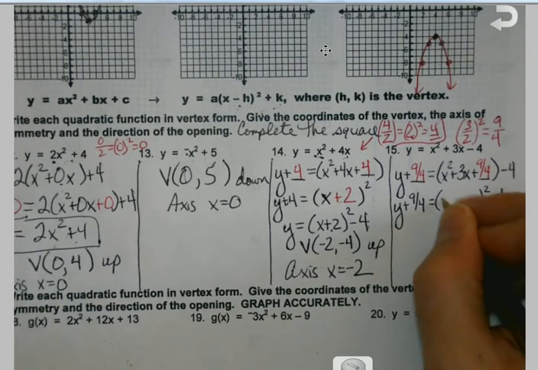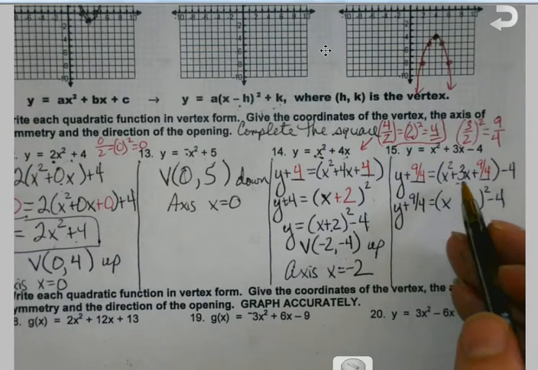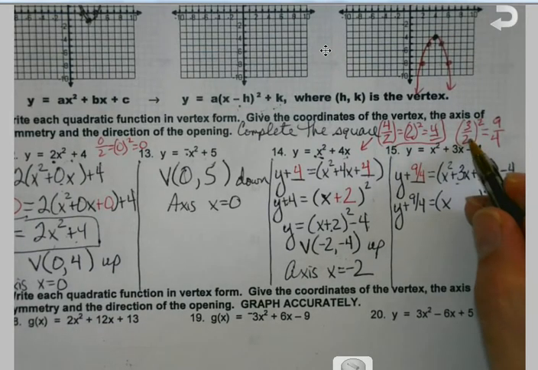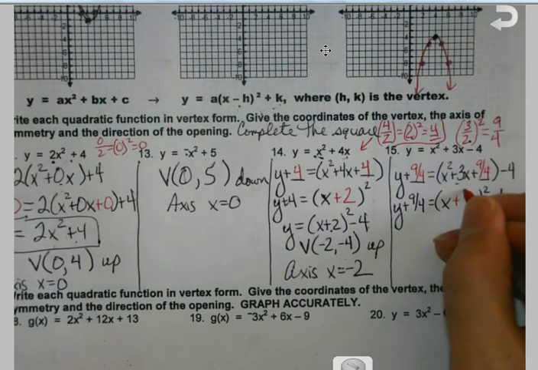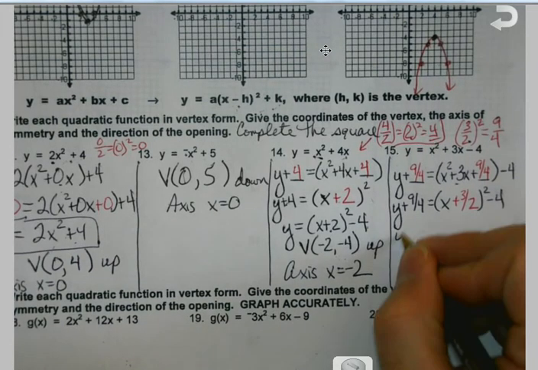And remember, keep this simple. You don't have to factor this to get it into its binomial form. Just steal the b divided by 2 number. So if stuff looks nasty, take a couple of the shortcuts. And then my last step is going to be to minus that 9/4 over.